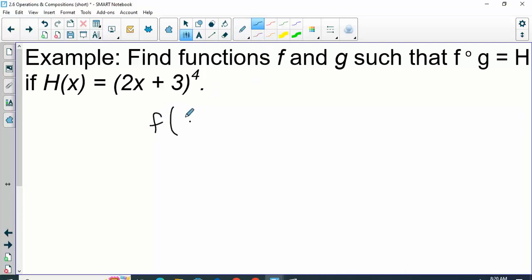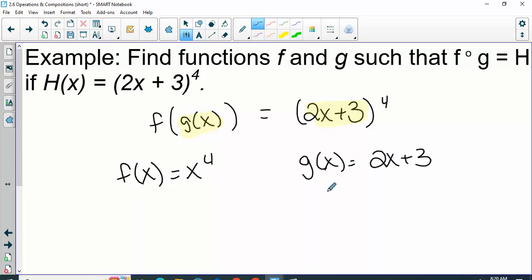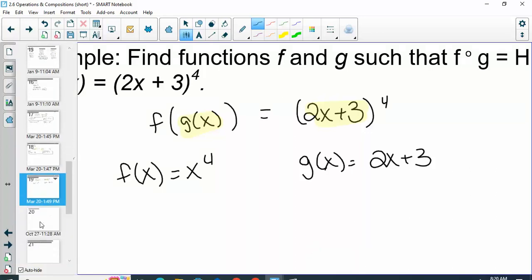So f of g of x had to equal this. So the inside g is the 2x plus 3. Take that out and put an x back in its spot. That means f is x to the 3. Any questions at all there?